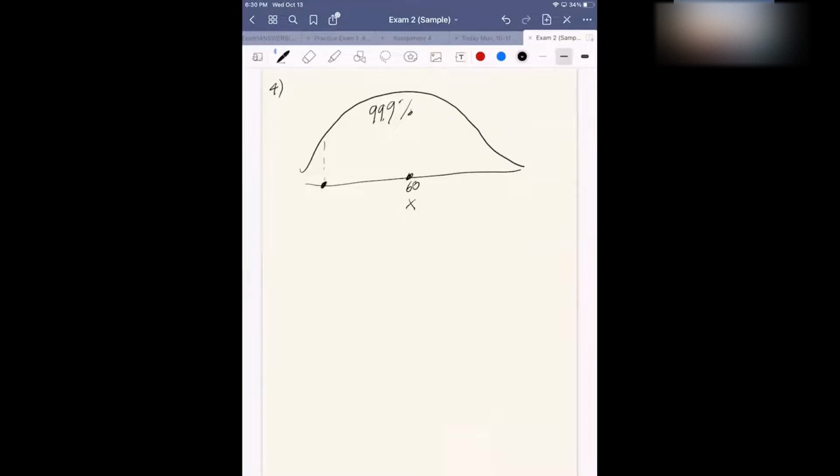This value right here is 52, and this value right here will be 68. So 99.9% of the data are within 52 and 68.